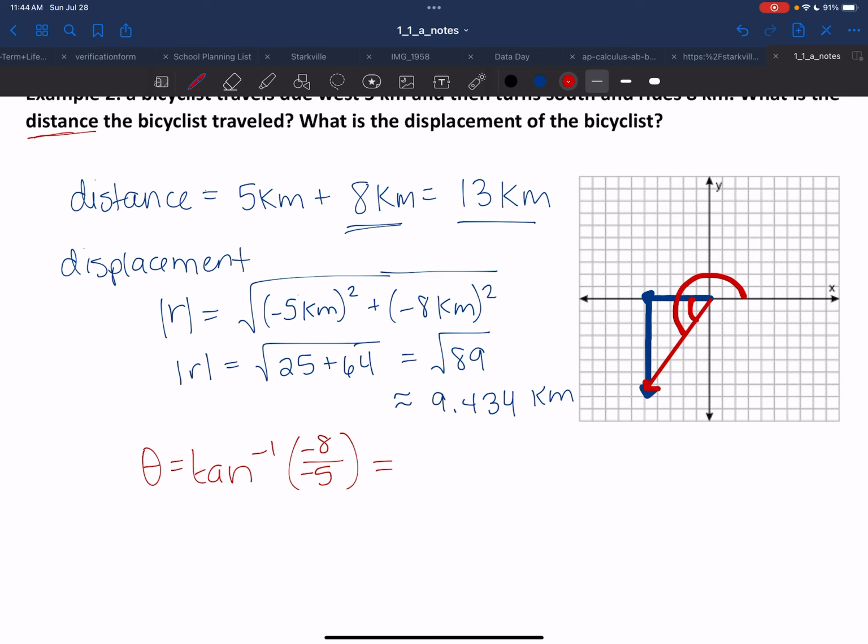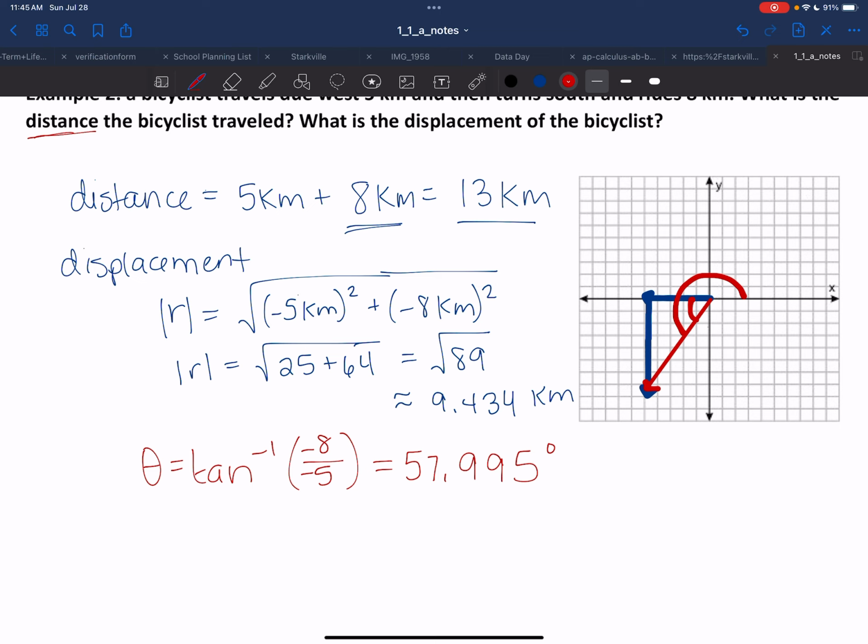I apologize, guys. I ended up not doing this one on my calculator already, so I've got to do it on my calculator right now. So inverse tangent of that is going to give me 57.995 degrees. Now, where is that located?